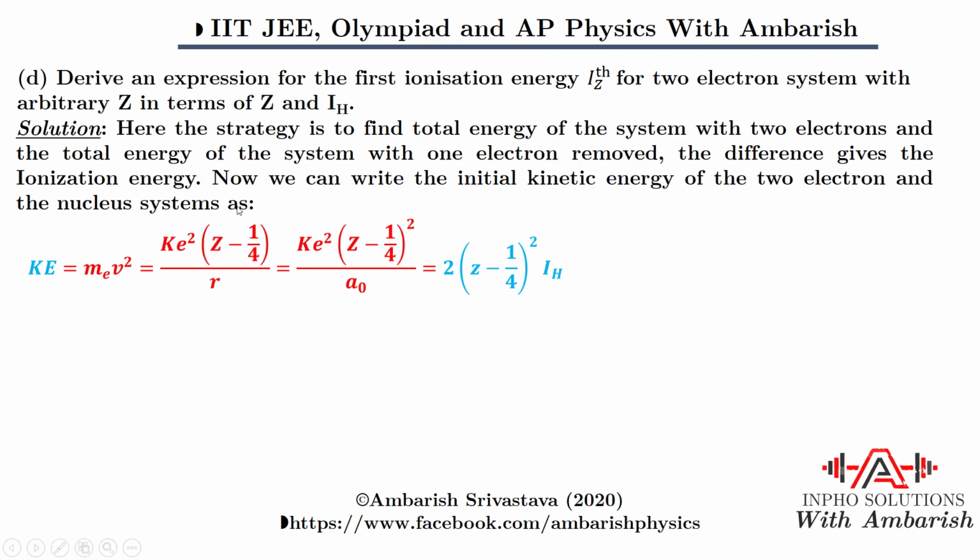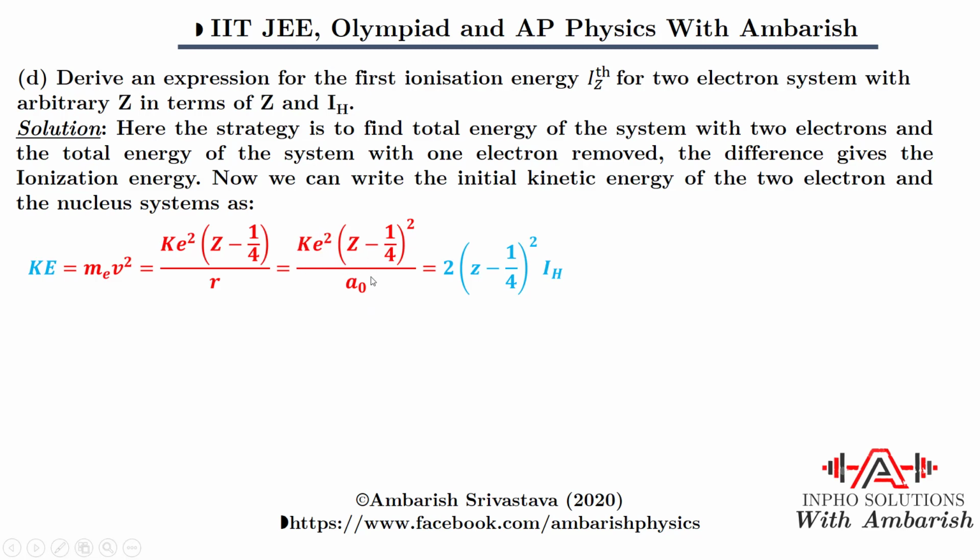So mv square is this, and if you simplify, r we had found in the previous problem. r was nothing but a naught upon (z minus 1 by 4), which we obtained in the last part. So if you put r as a naught upon (z minus 1 by 4), this becomes (z minus 1 by 4) squared, times k e square by a naught.